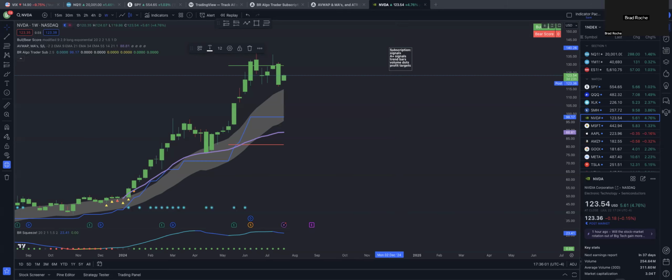And then you also get the entry cloud. You get the custom trailing stop. And I believe that's it. I don't think I'm missing anything. So you've got your profit targets and your stop loss, entry area, volume dots, trend bars, A plus signals, and the original signals. Okay. So that's all the stuff you get with this here.